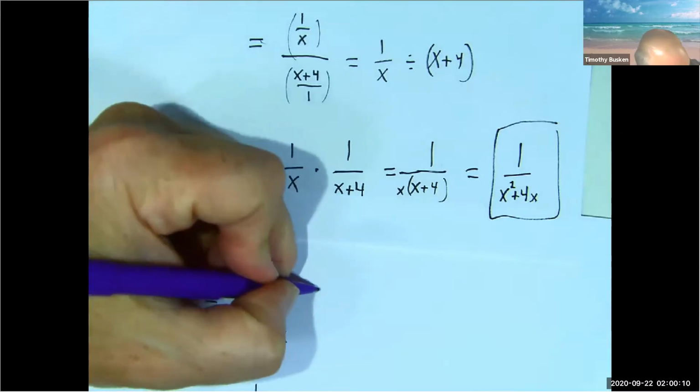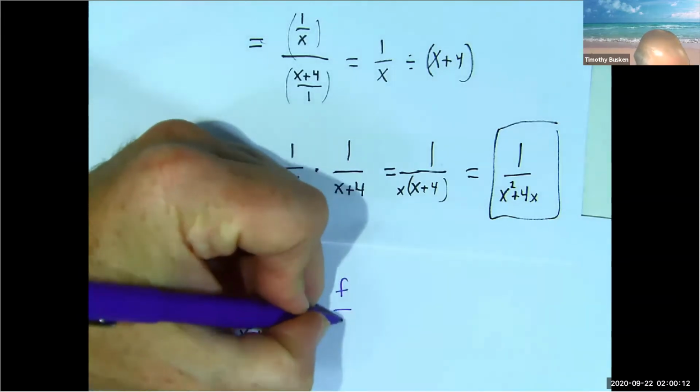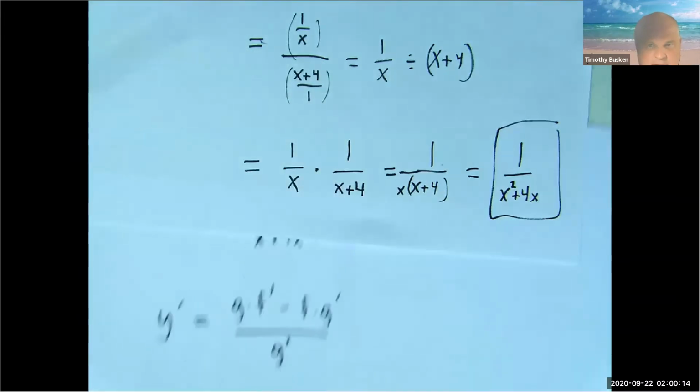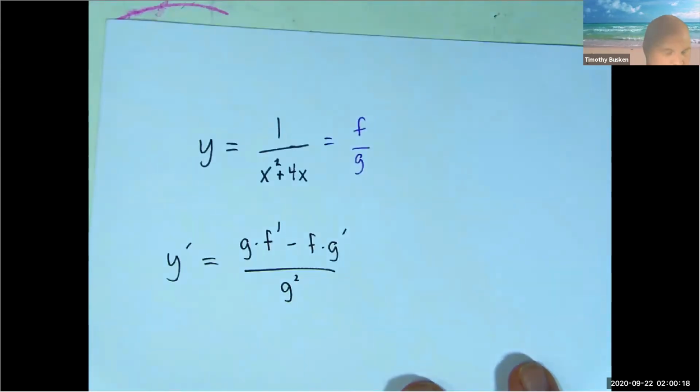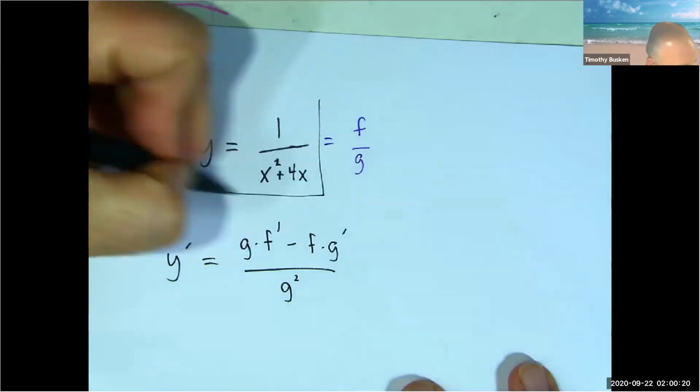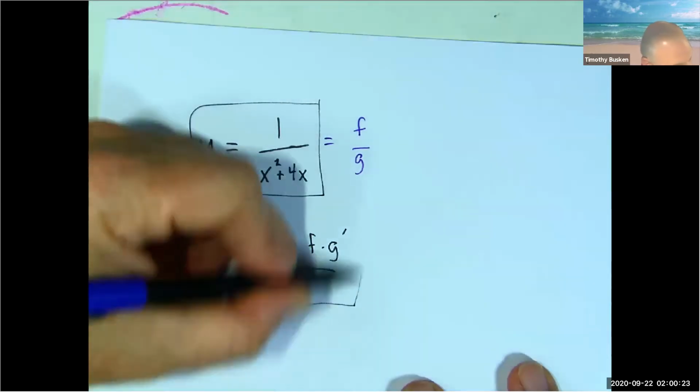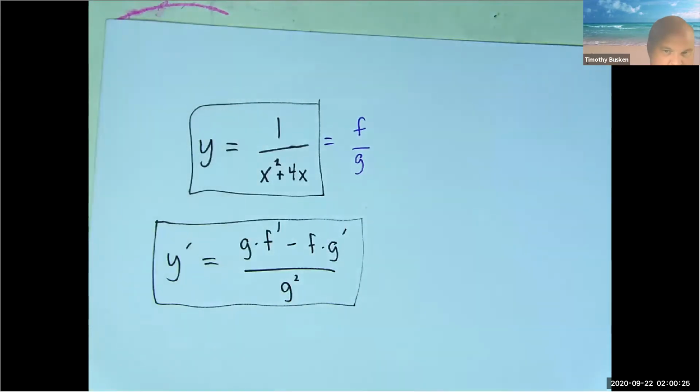And that's for some f over g, right? The numerator's f, the denominator's g. So we've got a definition for y. It'll match the quotient rule when we find the derivative.